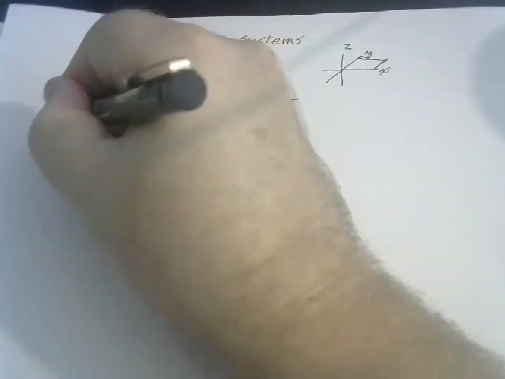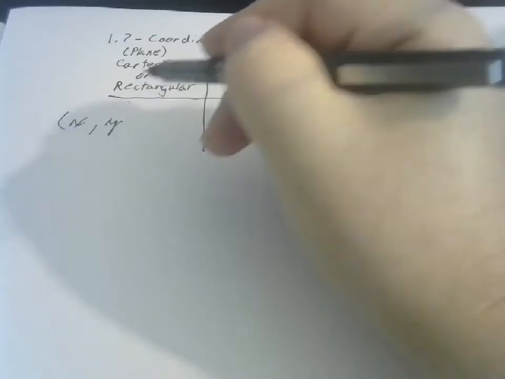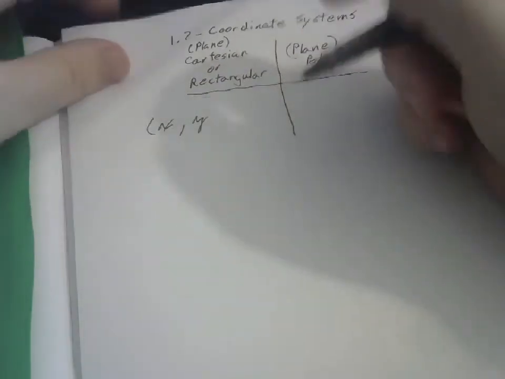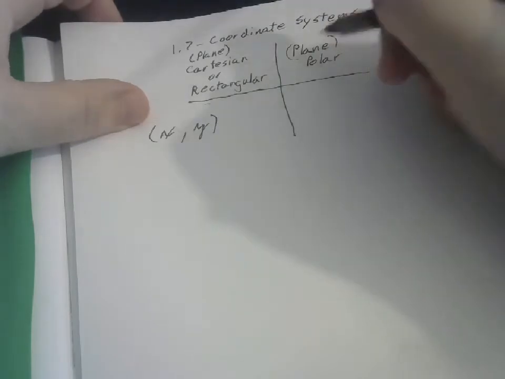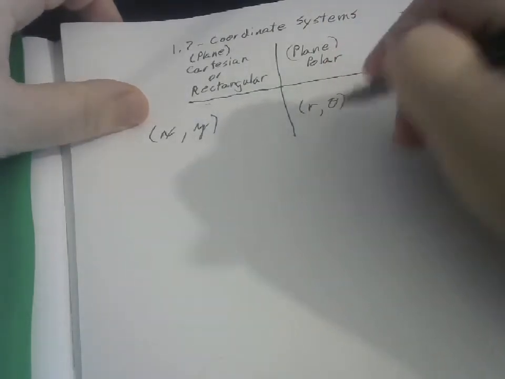In the Cartesian coordinate system, we'll have an x comma y, and in the plane polar coordinate system, it's usually an r comma theta.